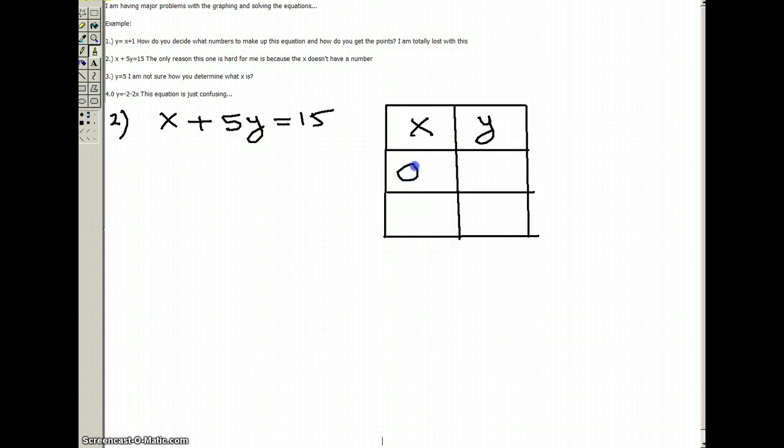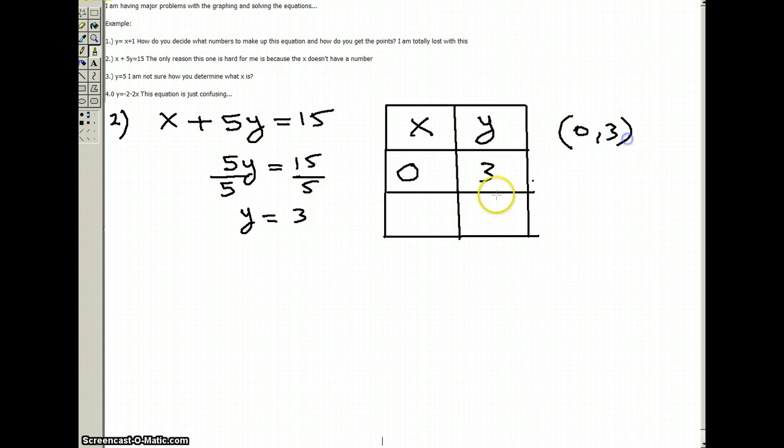Then I have 5y equals 15. How do I solve for y? To solve for y, I need to divide both sides by 5. So y equals 3. I have the point 0, 3 right now.